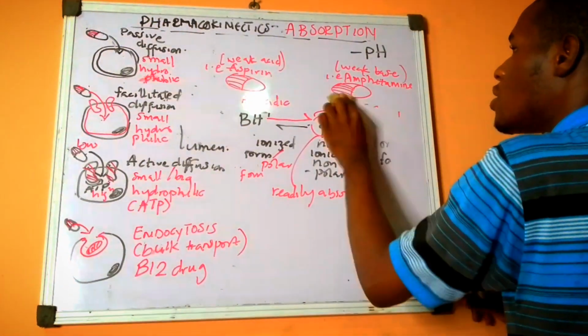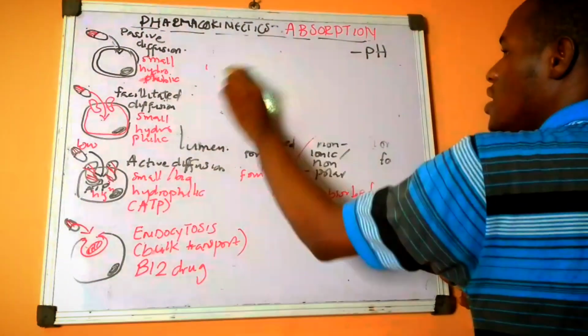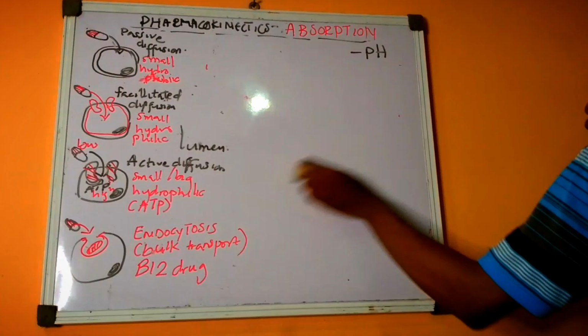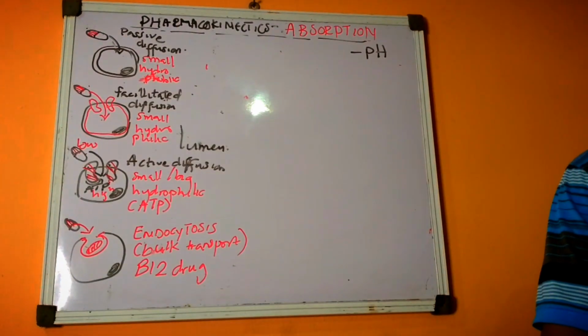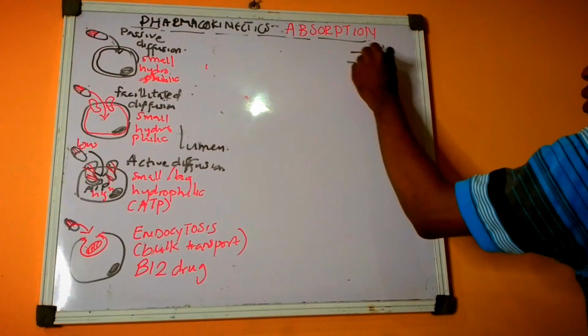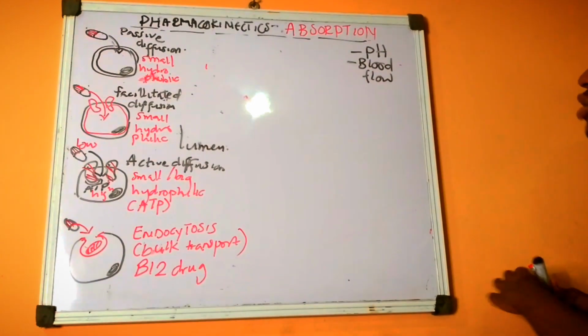Another factor that affects the absorption of the drug is blood flow. Some organs are well perfused, that means they receive more blood flow than others. So blood flow will affect the absorption of the drug.